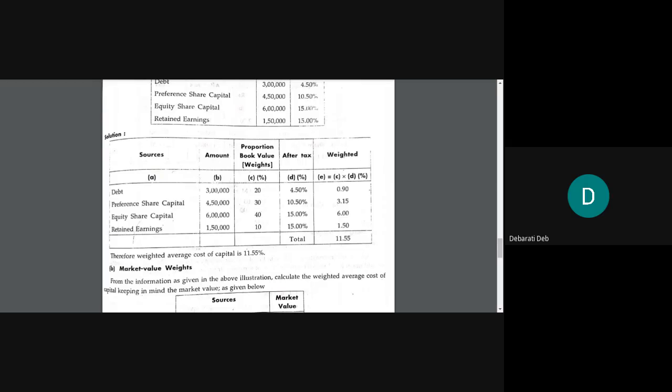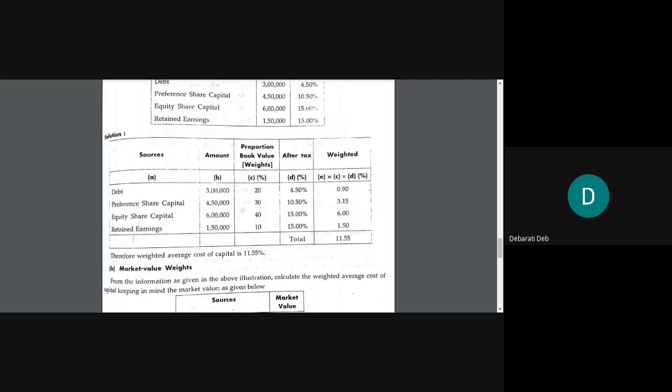So you will first take only the point figures from the third and the fourth column. That is, for the first one, it will be 0.20 into 0.045. Correct. So you calculate, what do you get? 0.20 into 0.045.